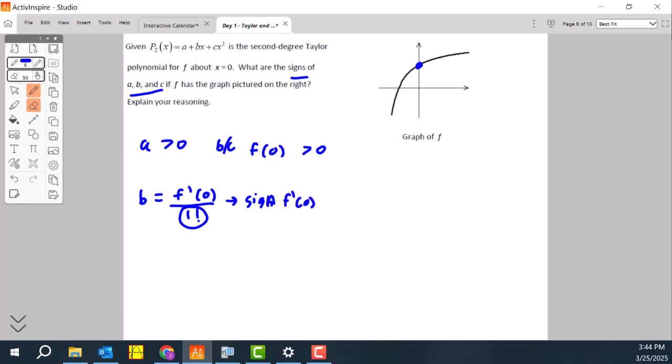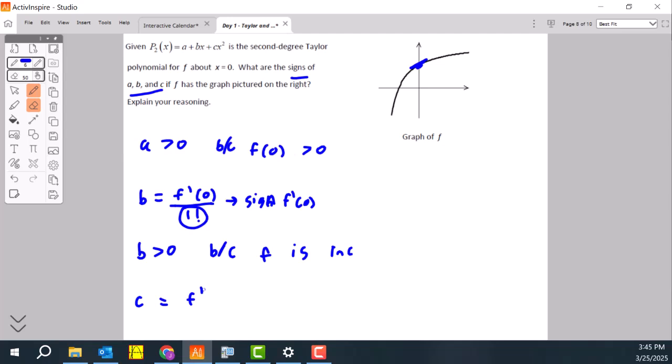And some of y'all are saying, well, we don't know what f prime of 0 is, but we do know what f prime of 0 represents. F prime of 0 is the slope. So if we look at the slope at this point, we have a positive slope. So b is greater than 0 because f prime of 0 is greater than 0. Or in other words, because f is increasing.